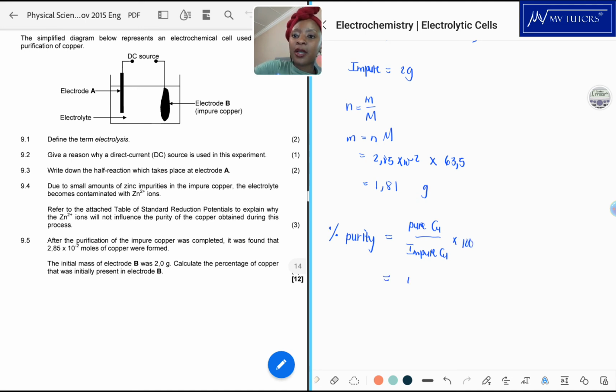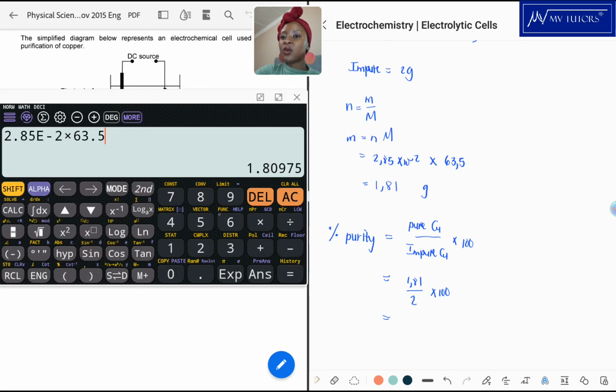So the pure one was 1,81 and the impure was 2, and if we take that and multiply by 100, we divide it by 2 and we multiply it by 100.